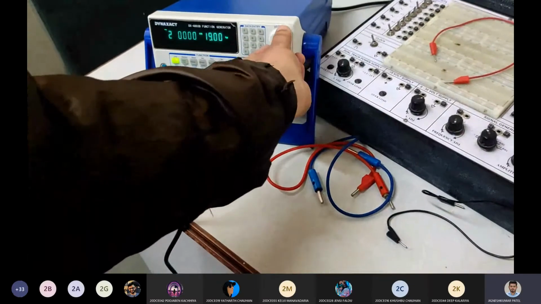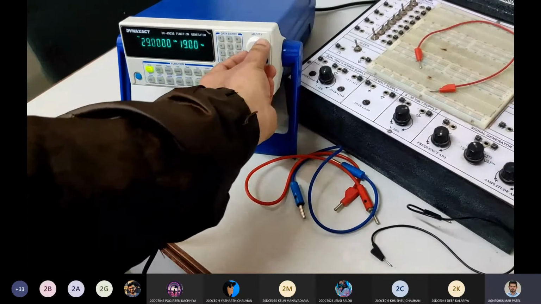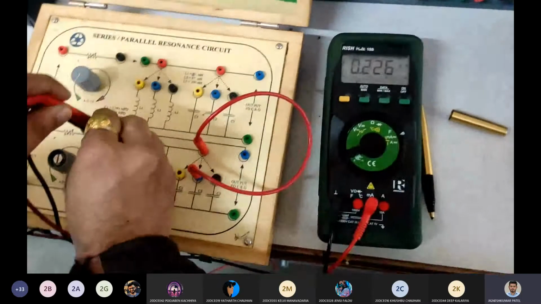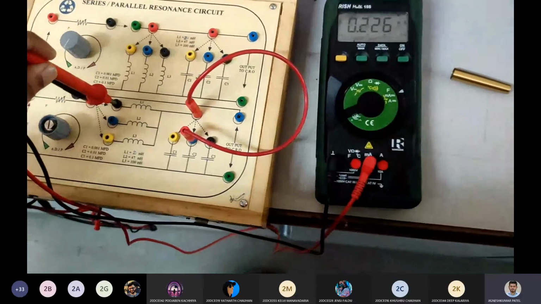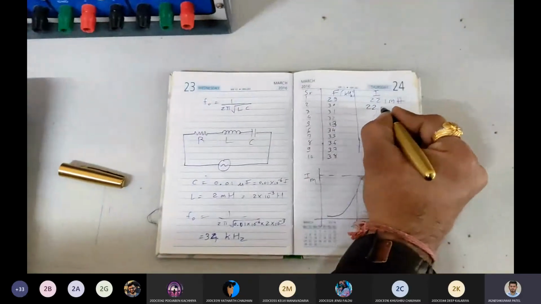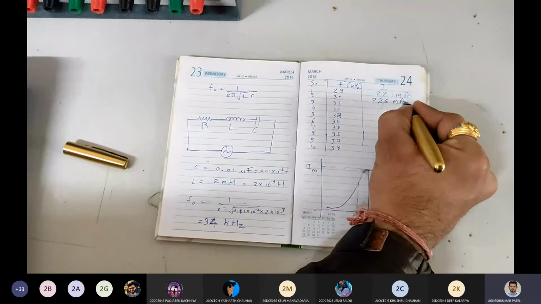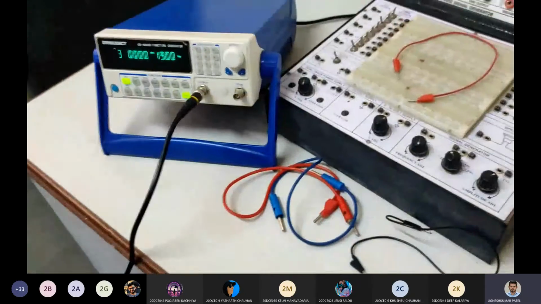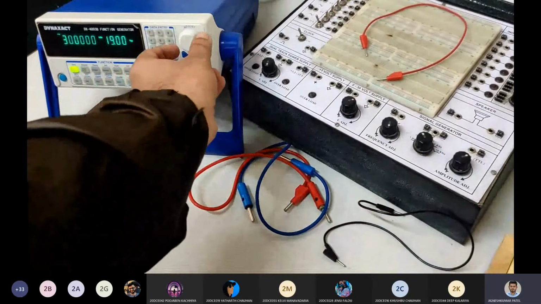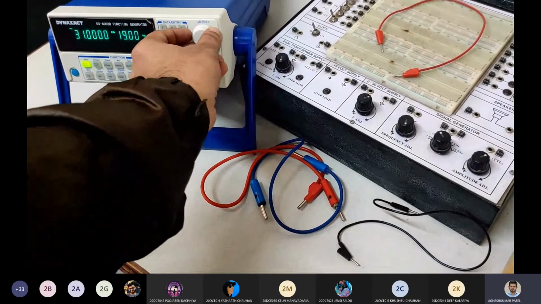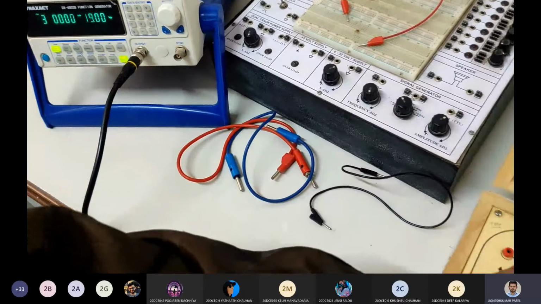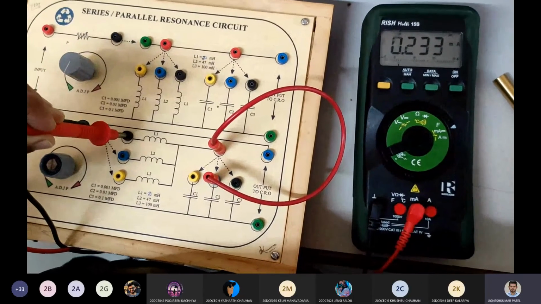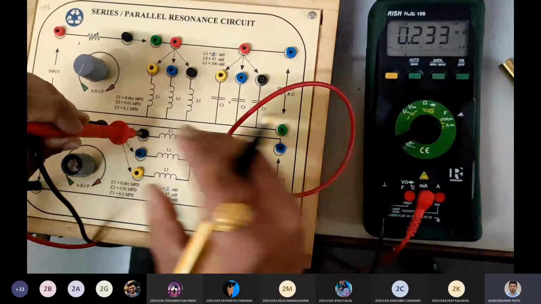Now we are simply increasing the frequency to 30 kilohertz. At 30 kilohertz you can see the current is 226 milliampere. In a similar way, we will increase to 31. Now the current is 233 milliampere.